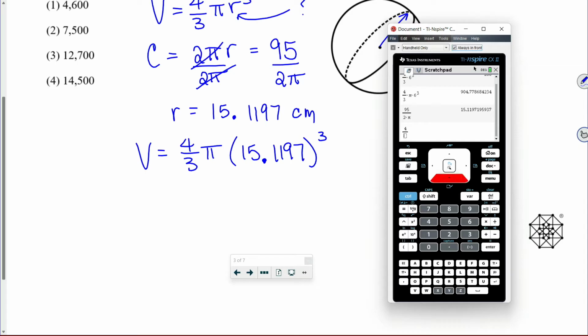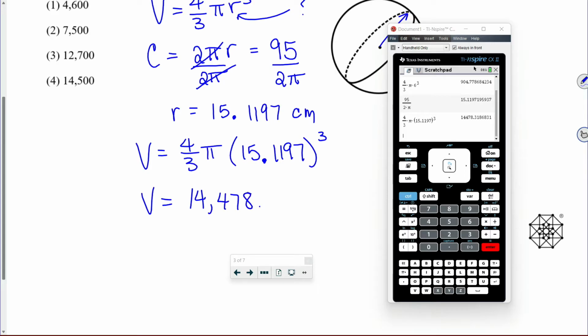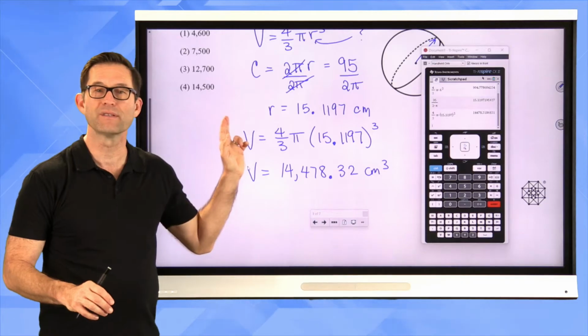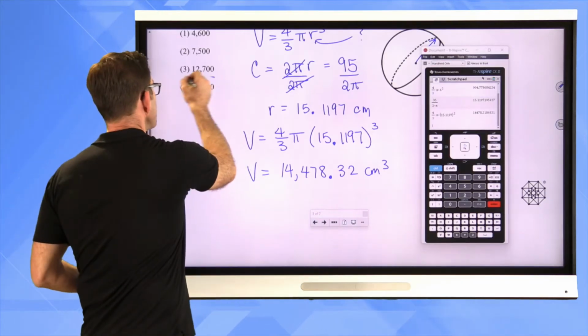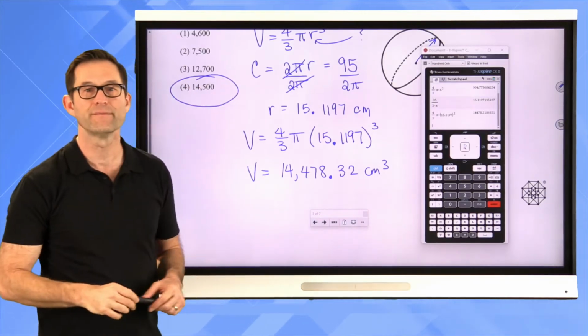I've got 4/3, again can't forget the pi, times 15.1197 raised to the 3rd power. And I get my volume equals 14,478.32 cubic centimeters. And now I just sit back, look at all my choices, and the one that's closest to it, I hope, is obvious, and that's choice 4.